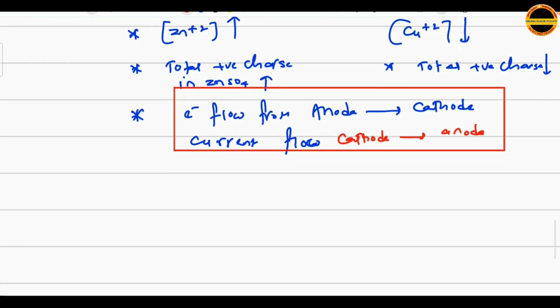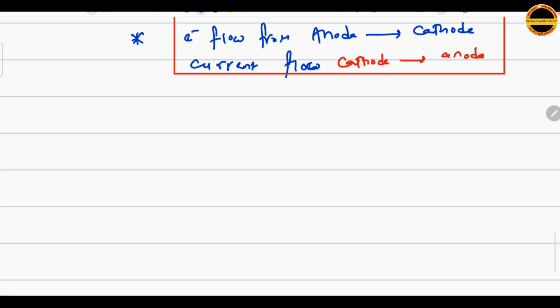Now, the role of salt bridge, observe it here. Let us see the role of salt bridge.